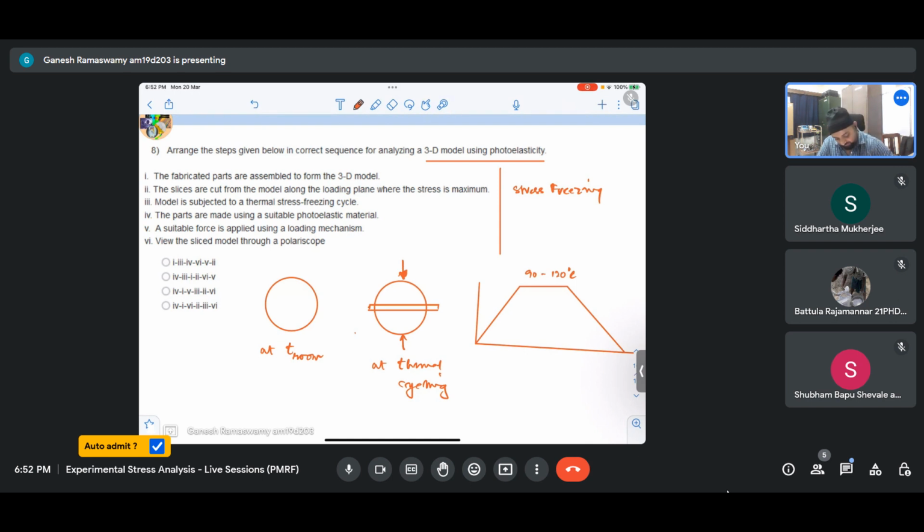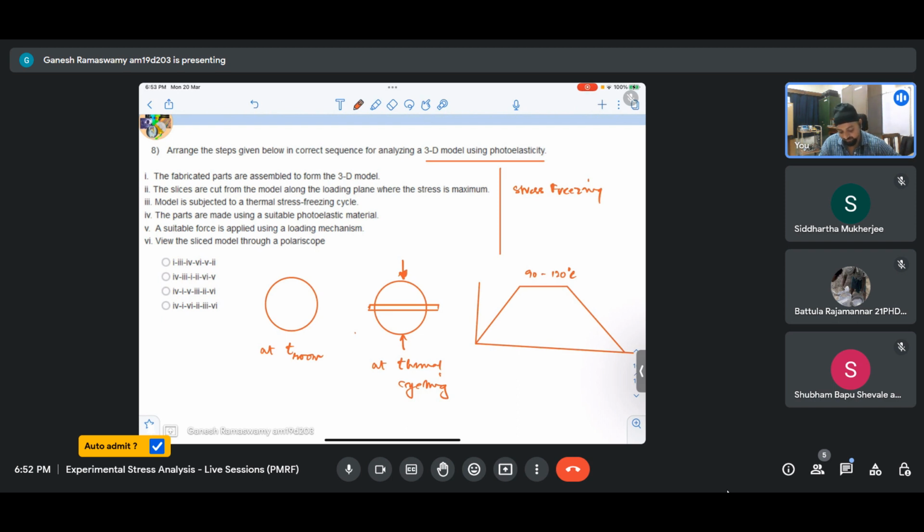So towards this, if we were to read these options: the fabricated parts are assembled to form a 3D model. The slices are cut from the model along the loading plane where the stress is maximum. The model is subjected to a thermal stress freezing cycle. The parts are made using a suitable photoelastic material.